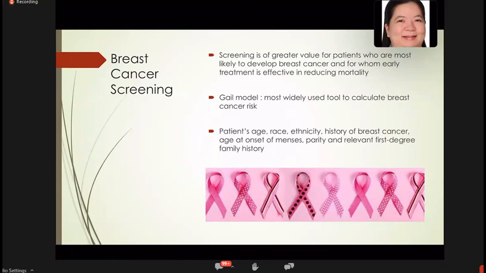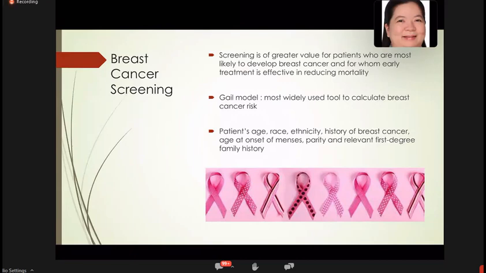So yung mga widely used na ginagamit natin tool, no, to calculate the breast cancer risk, no? Narinig nyo na yan, I'm sure, Gail model, no? The composition of the Gail model is the patient's age, the race, ethnicity, any history of personal breast cancer, age at the onset of menses, or tawag na dyan, menarche, okay, parity, and relevant first degree family history, okay?